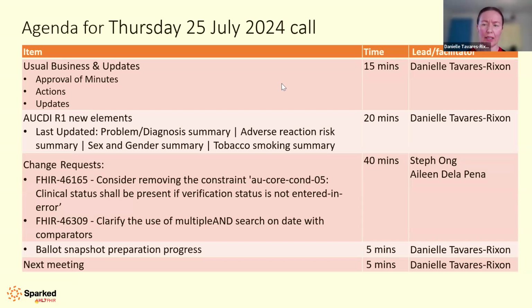Before I move on, noting again, this is our last meeting before the ballot snapshot. So one of the things we need to do is make sure that we have considered any critical or urgent changes. I'm just opening the floor here. If there is anything someone's discovered in the last recent bits that would prevent us going to ballot for AU Core, like a serious error, a technical design issue or anything like that coming through, I will just leave that open too as we go through the meeting.